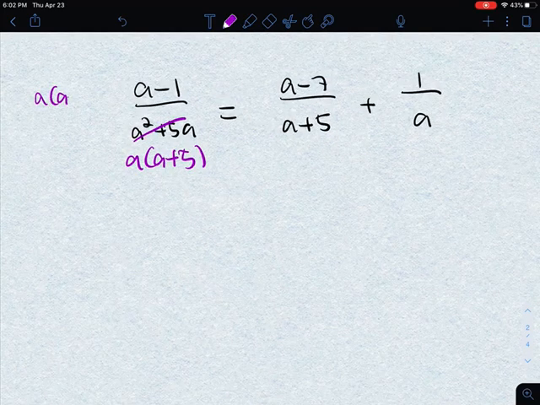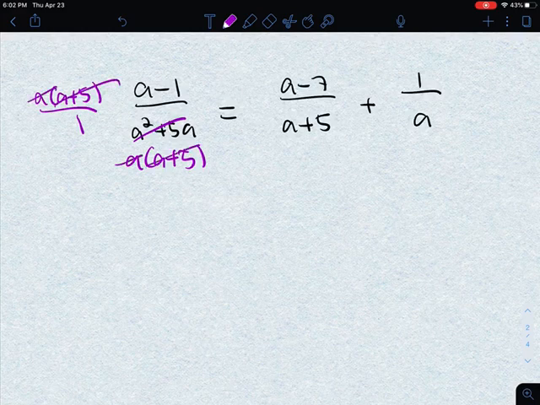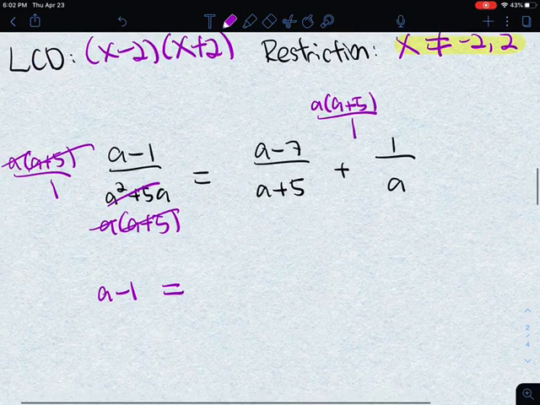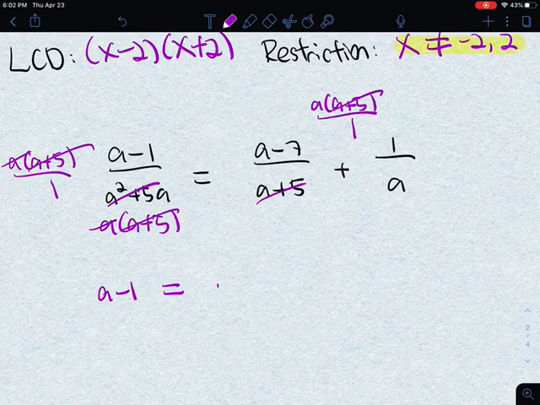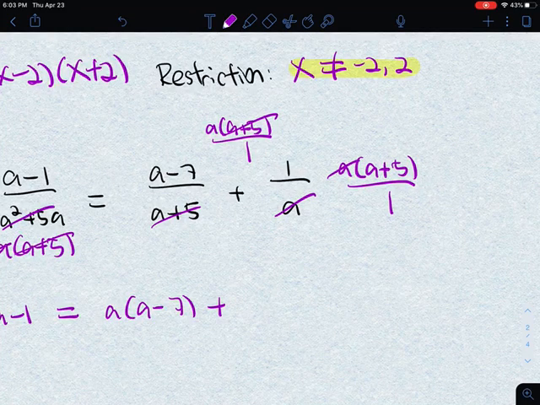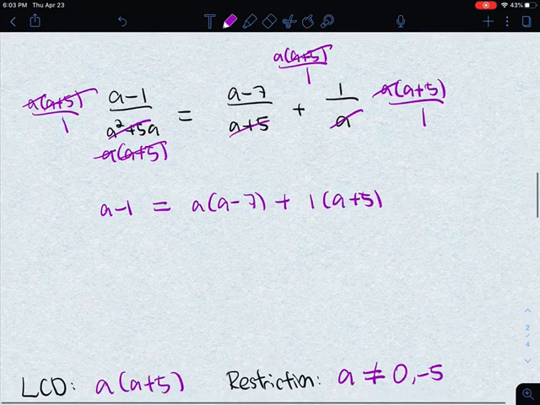So step 3, multiply everything by the LCD. So over here, the a's cancel, the a plus 5 cancel, I'm left with a minus 1. Multiply here by the LCD. A plus 5 cancel, I'm left with a times a minus 7, plus multiply here by the LCD, a's cancel, I'm left with 1 times a plus 5.